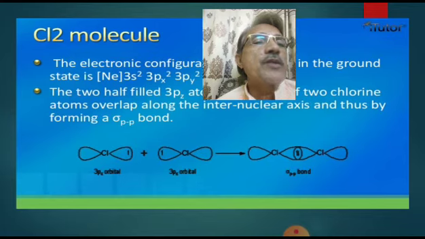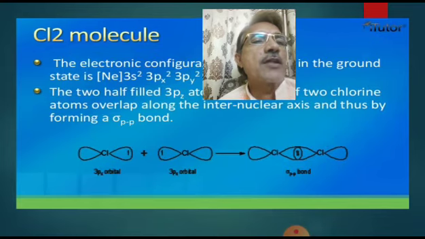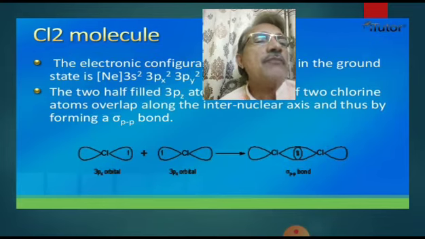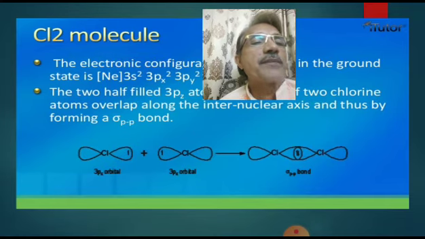During the formation of sigma pp bond, the 3pz orbital of one Cl atom overlaps along the internuclear axis with the 3pz orbital of another Cl atom, forming a sigma molecular orbital. Since the extent of overlap is greater, the resulting sigma bond is a stronger bond.